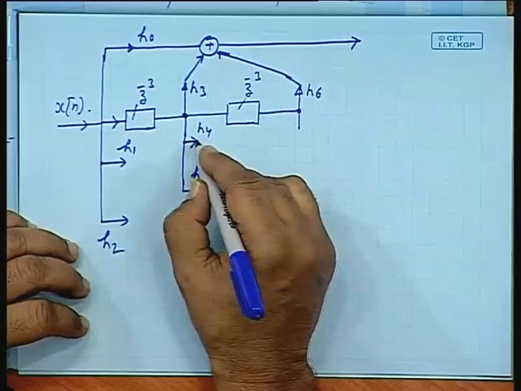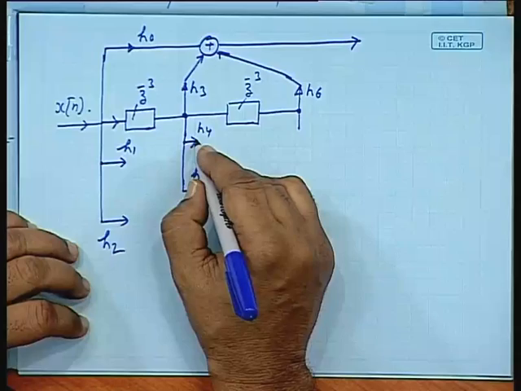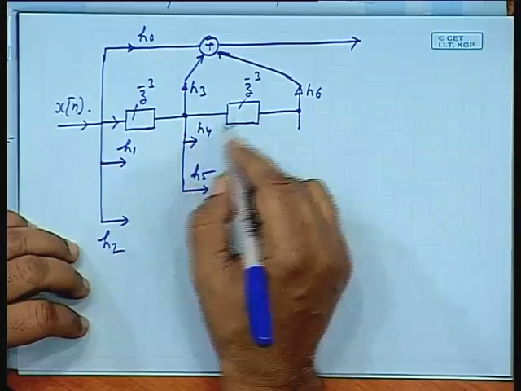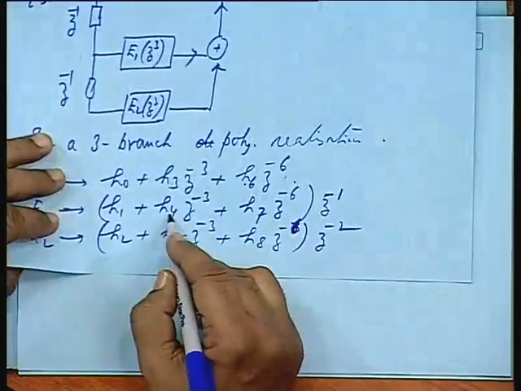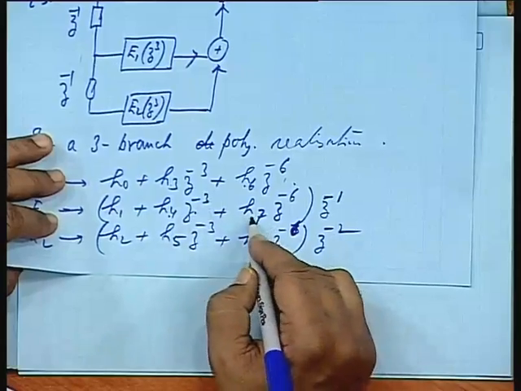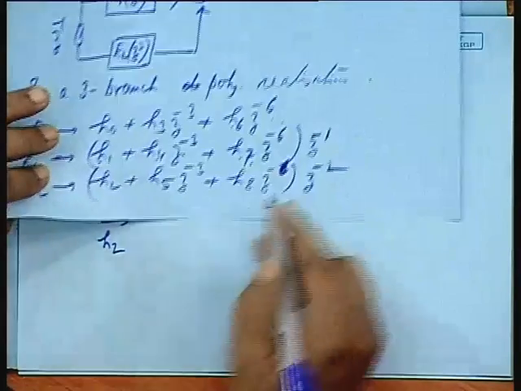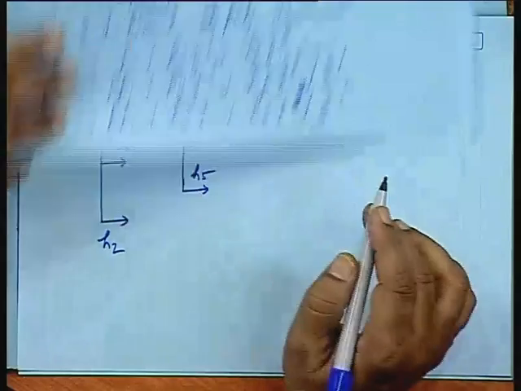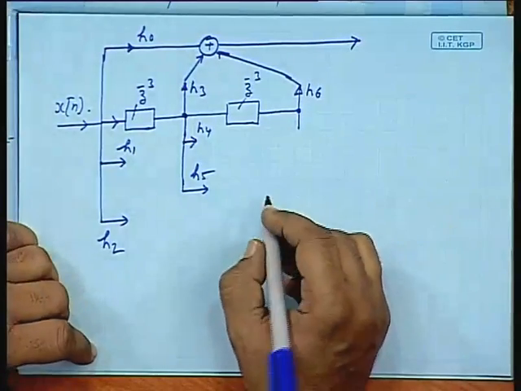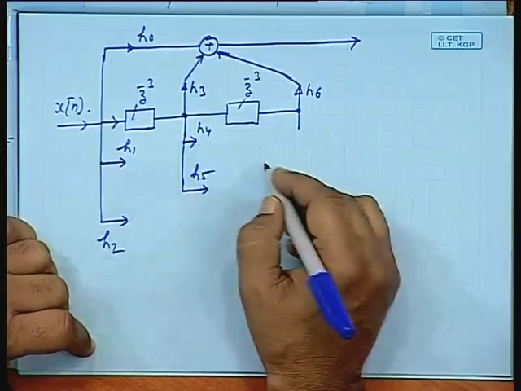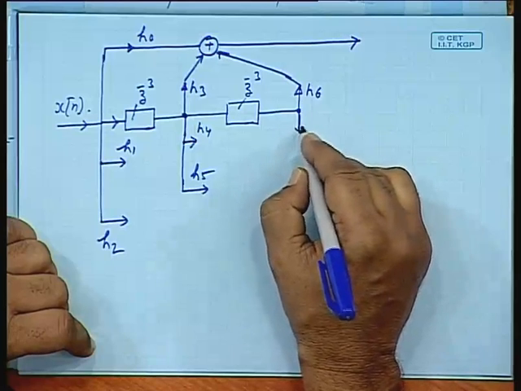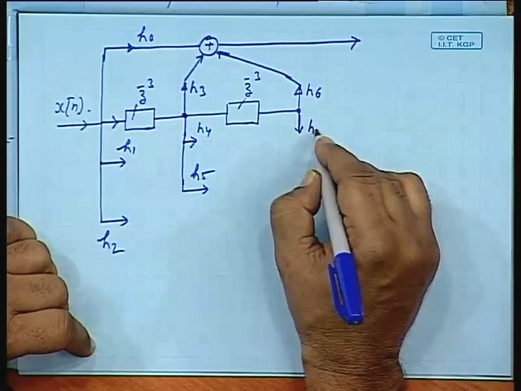H 4 is added with H 4 z to the power minus 3 added with H 7 z to the power minus 6 and added with H 1. After that, the total sum is multiplied by z inverse. So, from here I can take 8.